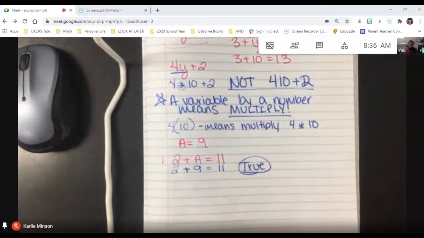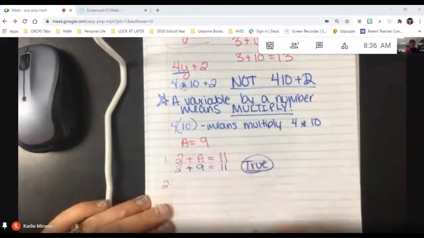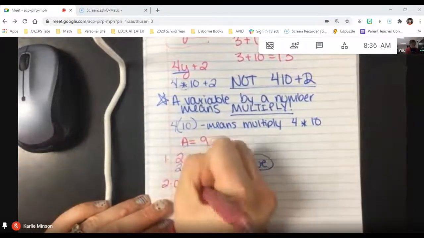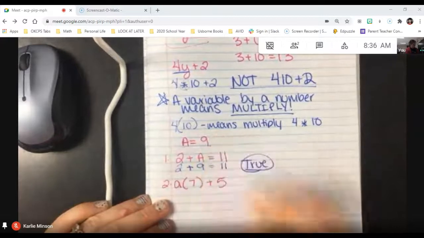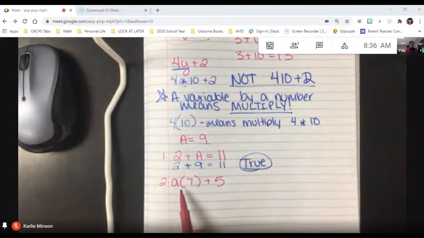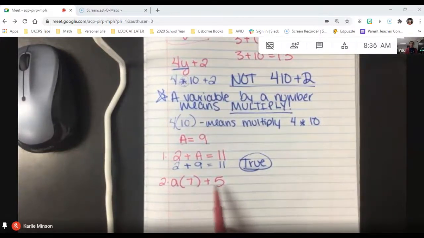What if we just have an expression and it asks us to solve? Let's do that. If we have an expression and it just asks us to solve, we have a, remember right beside the parentheses means multiply, a times 7 plus 5.